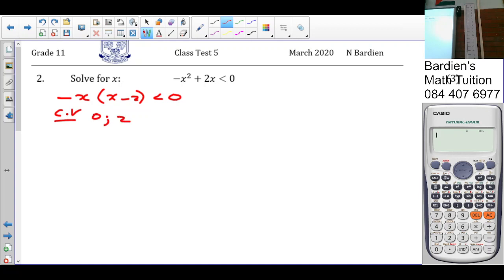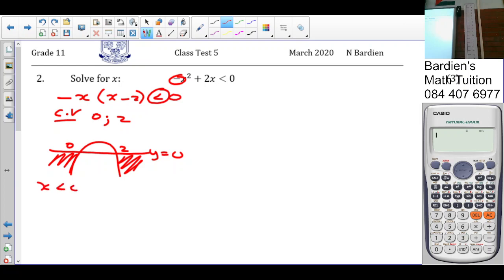You don't write x equals 0 and x equals 2. Is this graph smiling or frowning? Frowning, because that's negative. So it's 0 and 2. That's y equal to 0. This says that x has to be less than 0, so it's below the graph. Continuous or break in solution? Break. So x is less than 0 or x is more than 2.